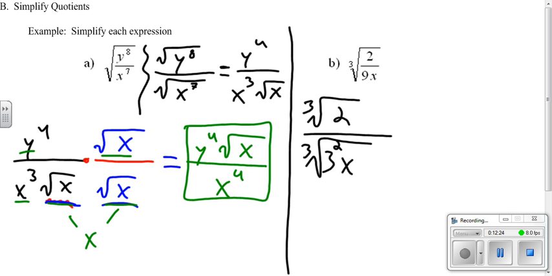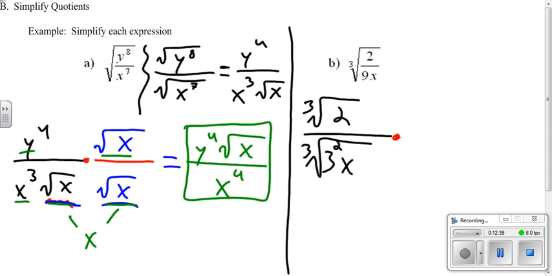Now again, like in our last one, how we multiplied by a number to try to simplify the radical on bottom, we want to get our radical on bottom, in this case, to be a full number again. We want to get rid of that radical.